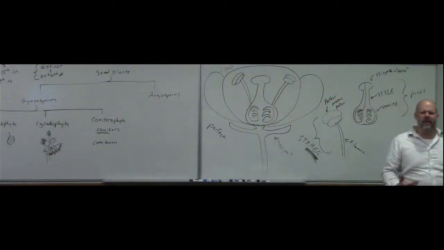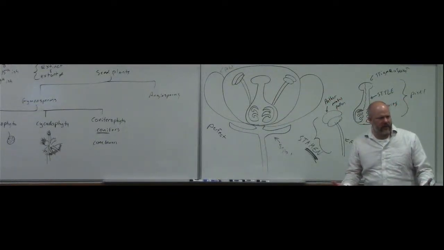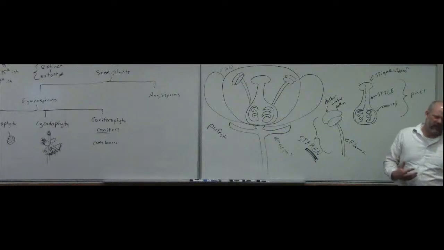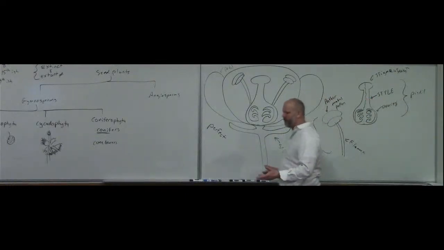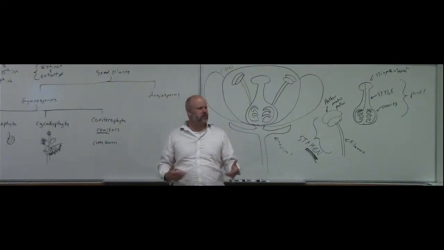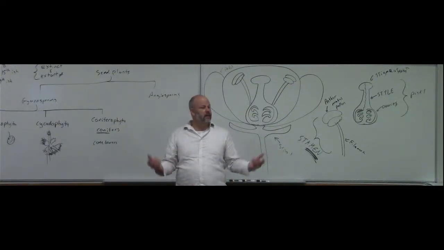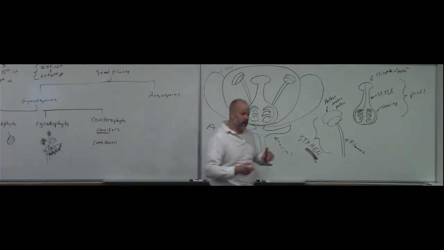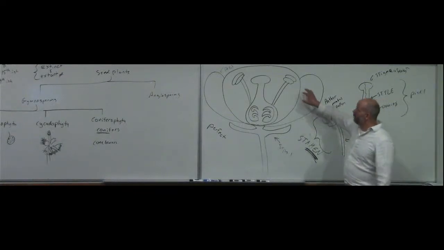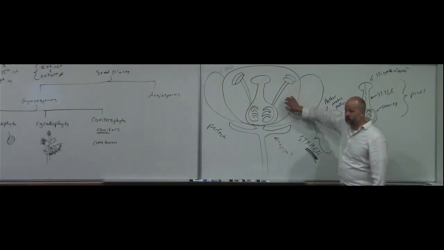Now, they're not coming to pollinate a plant. That's a byproduct. They're coming to get nectar, right? Bees, I guess, use pollen, but more often they're coming in to get nectar. The plant, it's a give and a take. The plant is producing some kind of a sugar that these insects need, and in return, they're going to go and cross-pollinate for them. So the petal is there to attract.